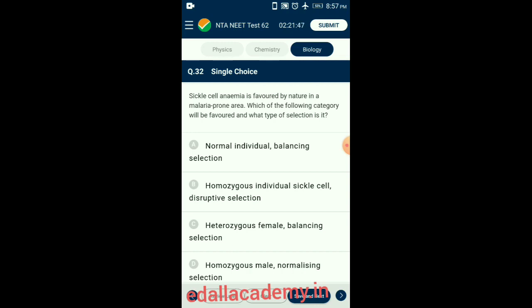Dominant homozygotes suffered from malaria and died before reaching sexual maturity, and recessive homozygotes died because of the inability of blood to carry enough oxygen and clogging of blood capillaries by sickle cells. Therefore, about 25% superiority of heterozygotes prevented elimination of the sickle gene and its frequency increases in malaria prone areas. So the answer is option C. Heterozygous, balancing selection.